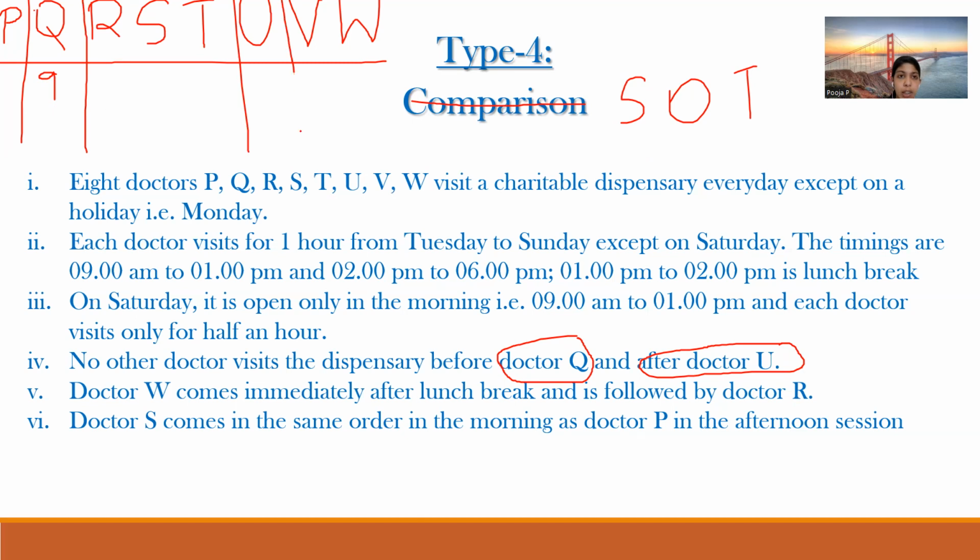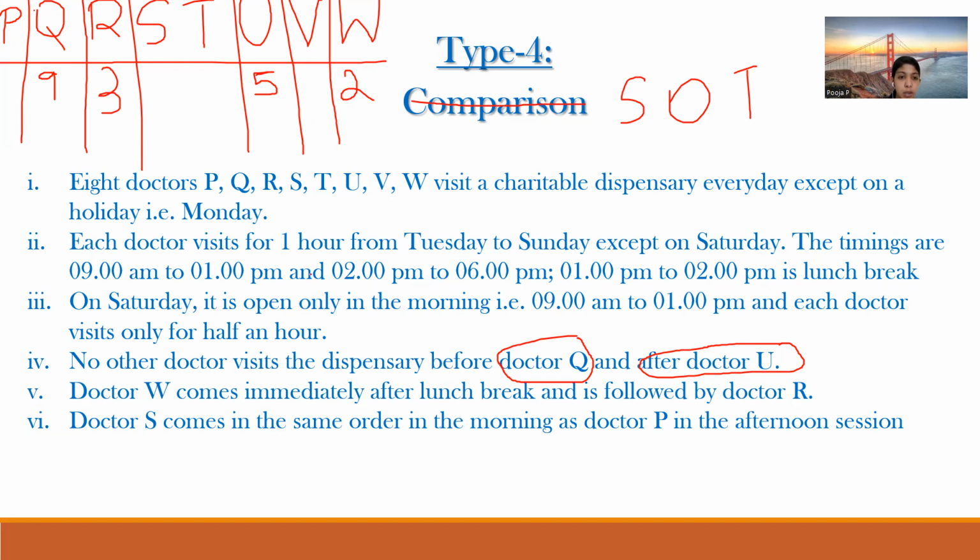Dr. U. So when does it end? The dispensary ends at 6 p.m. So 1 hour prior to that, that is 5 to 6. 5 is the check-in time of Dr. U, and at 6 p.m. Dr. U exits. W comes immediately after lunch break. So from lunch break, that is 1 to 2, immediately after, Dr. W comes, that is at 2 p.m. So 2 to 3. And followed by Dr. R, that is Dr. R comes in at 3 p.m.